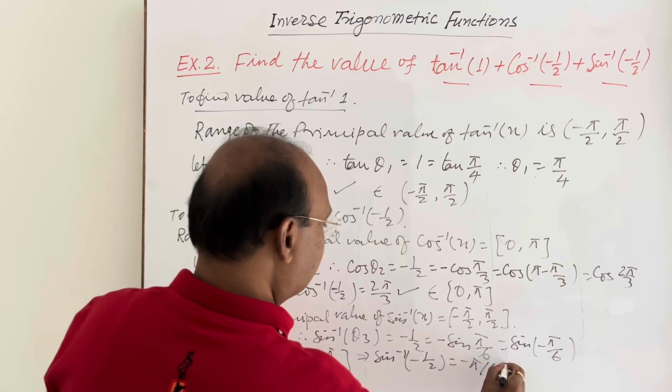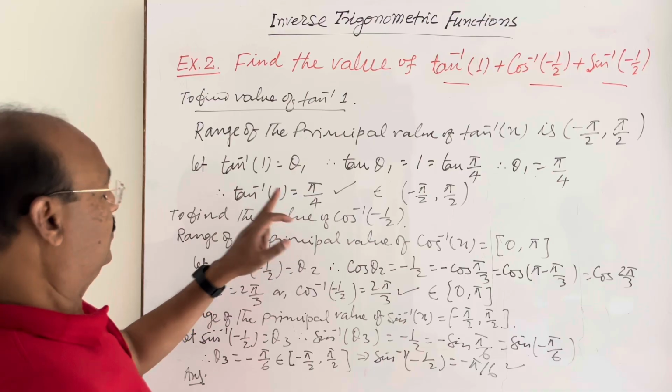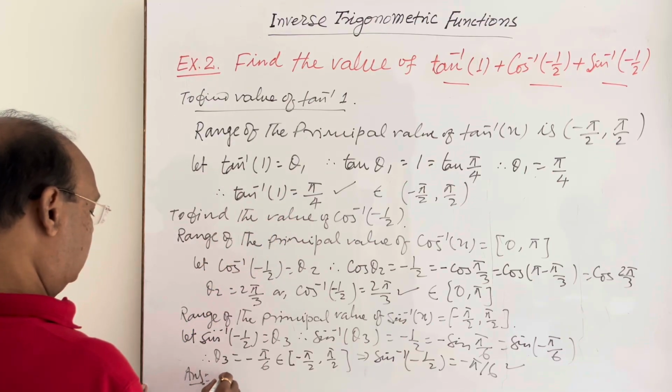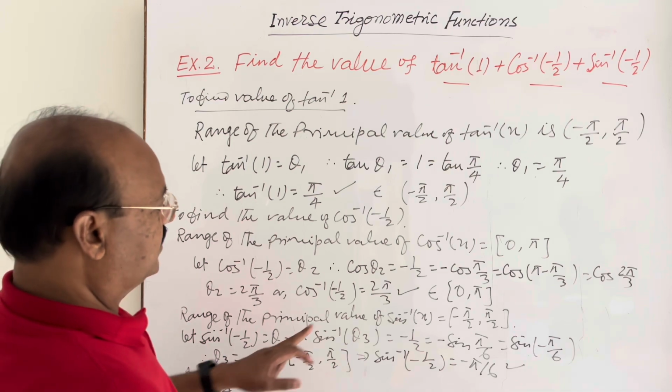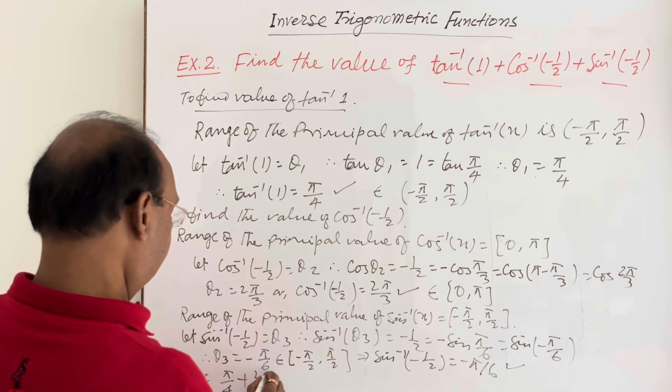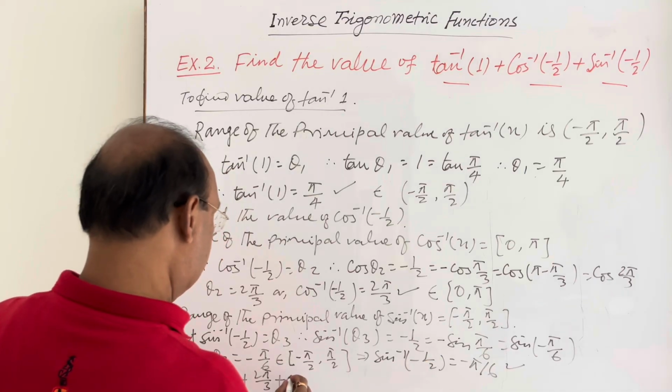The sum of these three values will give the result. First is tan inverse 1, pi by 4, plus next is 2 pi by 3, and minus pi by 6.